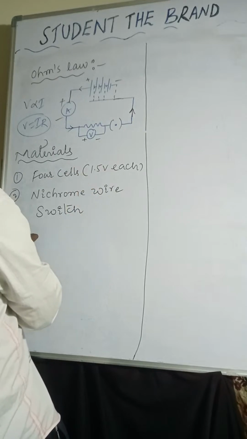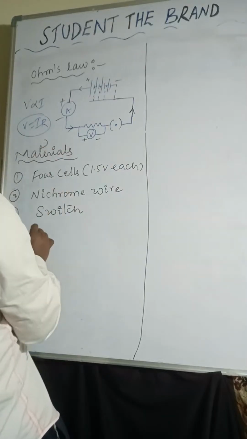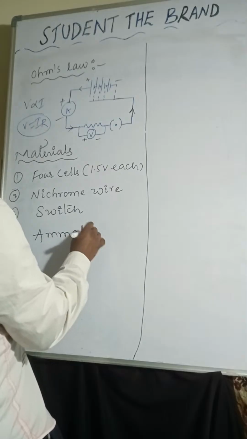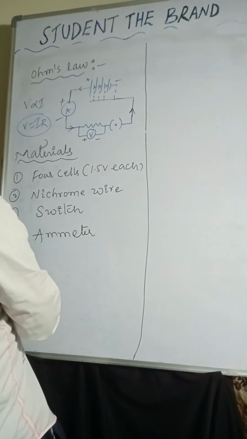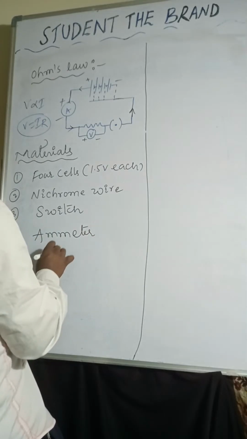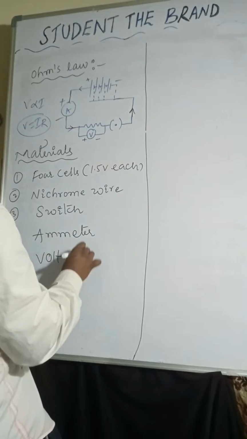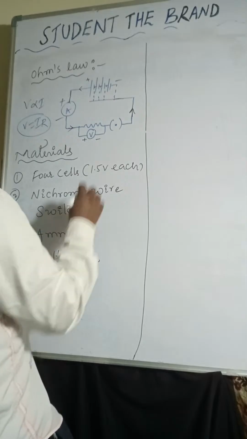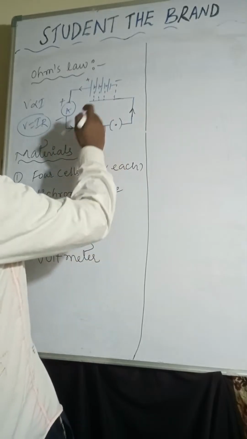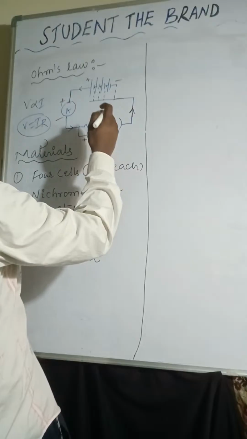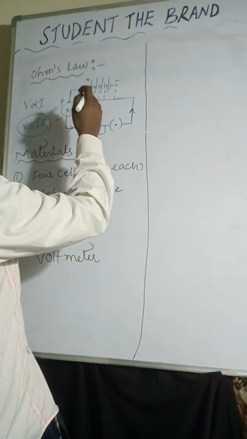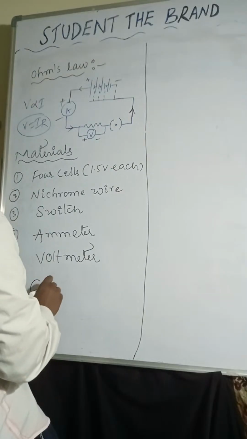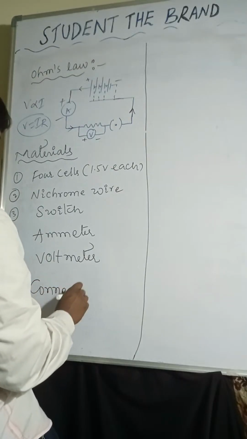The fourth is the ammeter, the fifth is the voltmeter. Ammeter, voltmeter, switch, and done. Next, connecting wires.